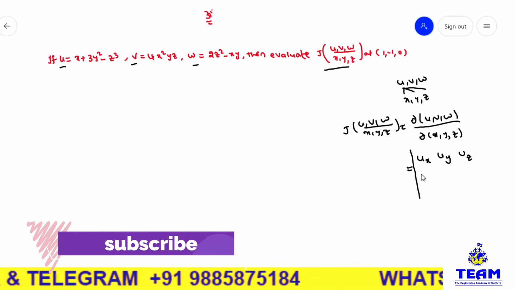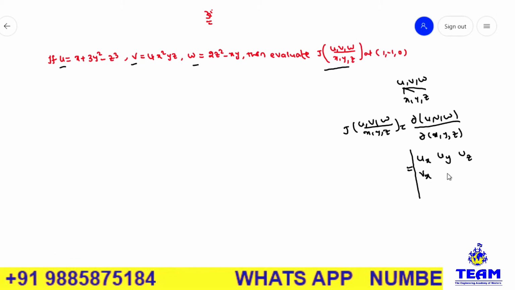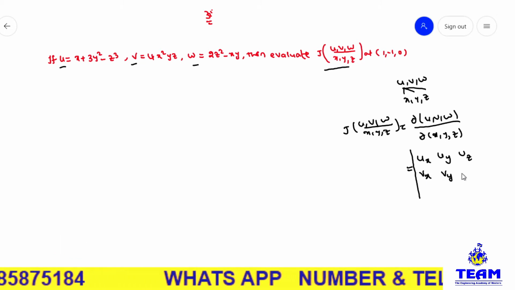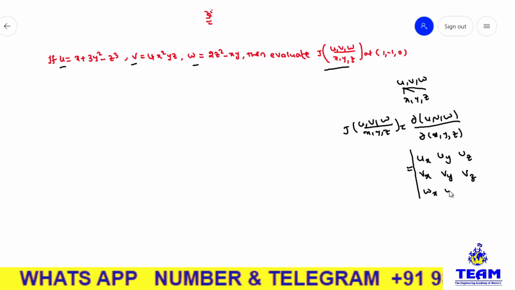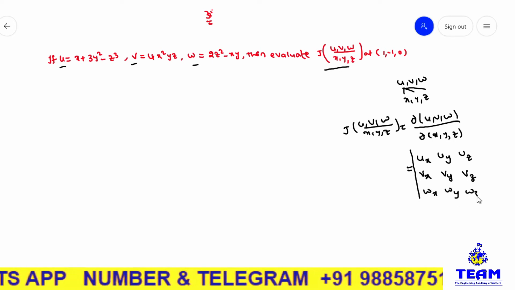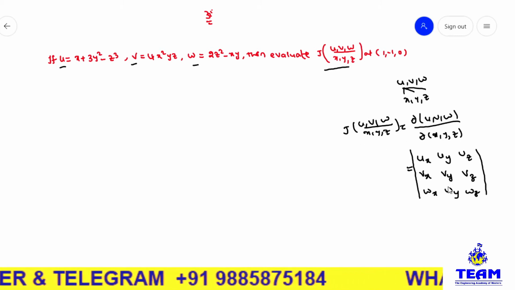Similarly, v is a function of x, y, z, so differentiate v partially with respect to x, y and also z. Similarly for w also. So this is the formula for the Jacobian of u, v, w with respect to x, y, z.